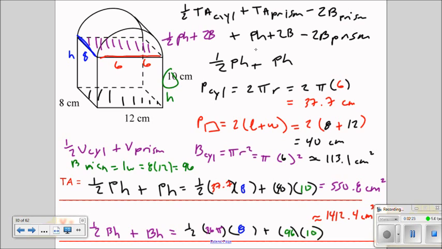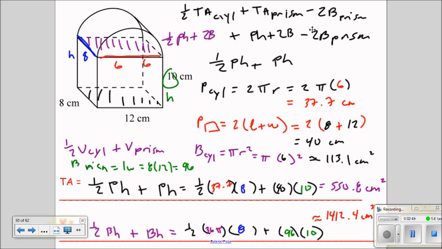Now, the formula for a prism is the same. It's pH plus 2 bases. And then we have to subtract the 2 bases of the prism. If you notice, I'm adding 2 bases of a prism because that's what the formula of total area says to do.